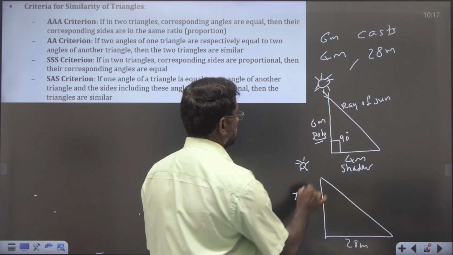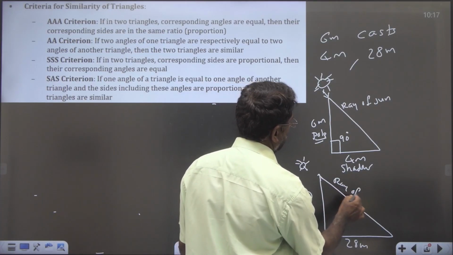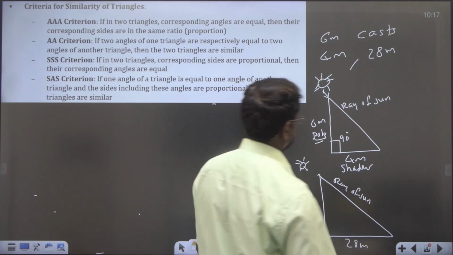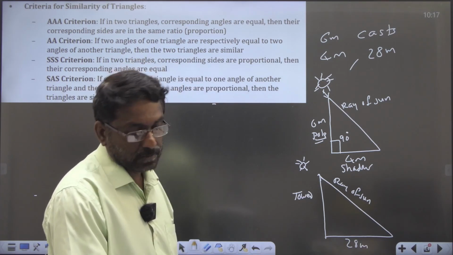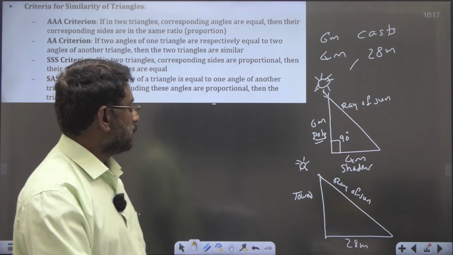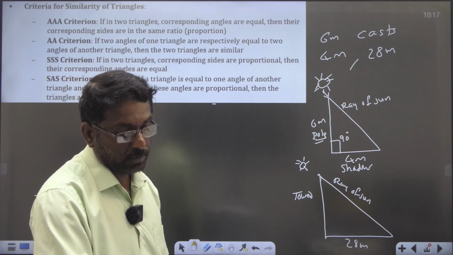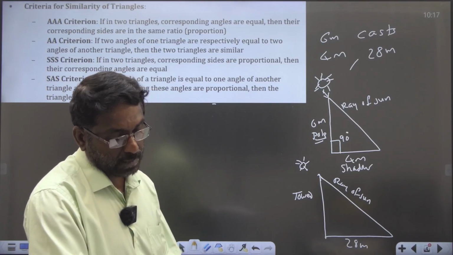This is the ray of sun. We have to find out the length of the tower. That is from the question.